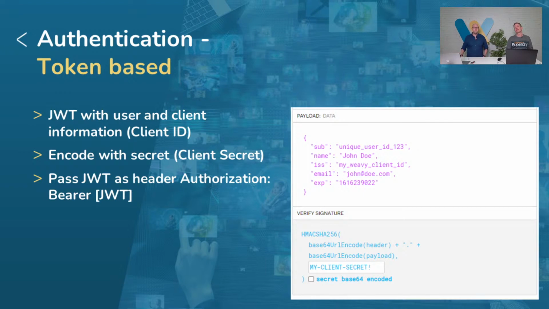The client secret is used to encode the token. When you have a token, you can pass it along in your request to get the authenticated user.